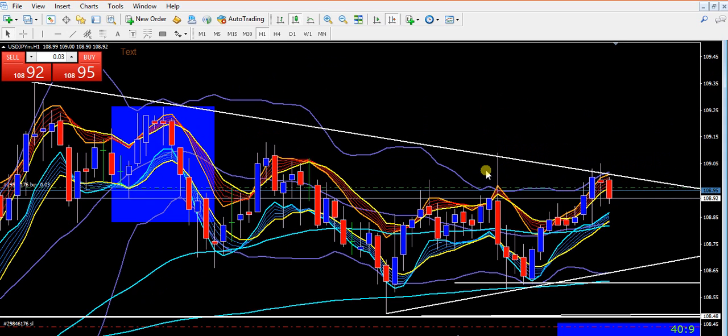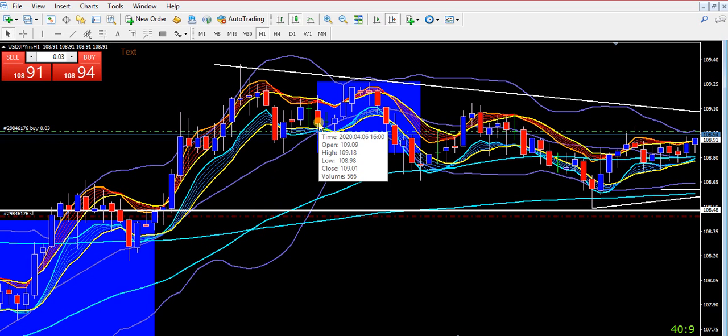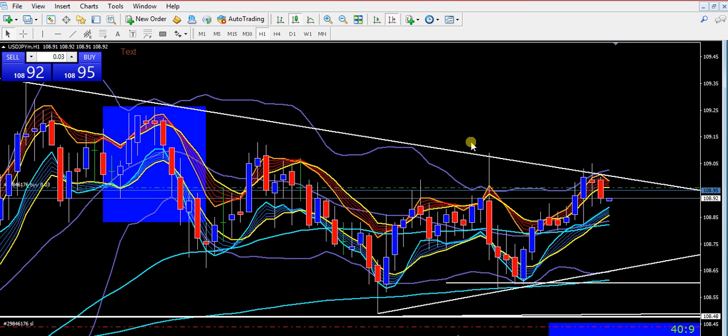If I see the price is already above the upper band, maybe it is time for me to close, especially when the price goes below the middle Bollinger Band. This is the best place to close my open position.